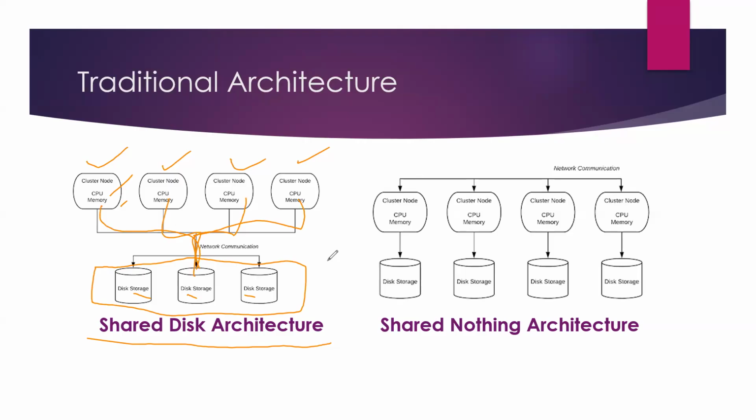As the name suggests, shared disk means the disk is a centralized disk. That disk is shared with various nodes. So consider there is some data stored in this centralized disk.